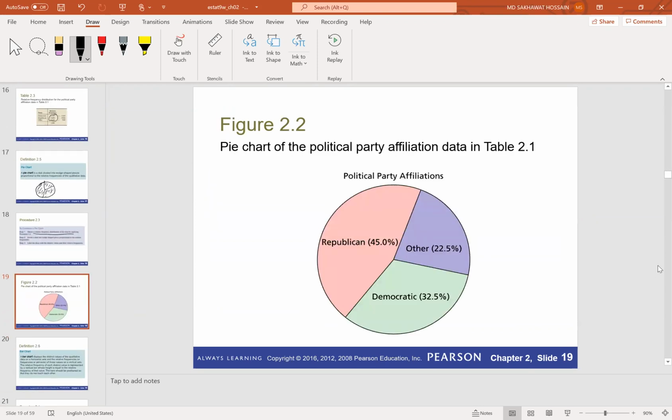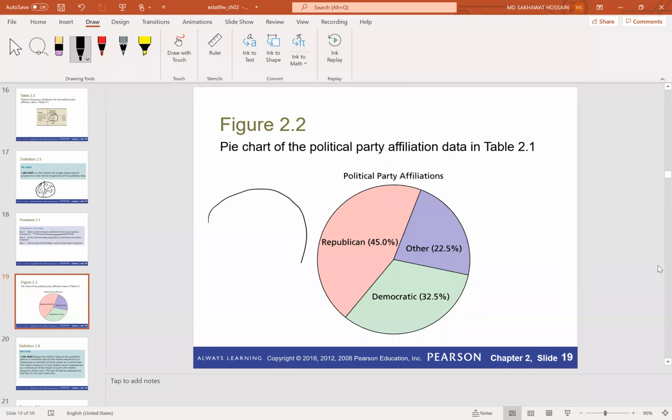We'll consider the same example to construct a pie chart: the pie chart of the political party affiliation data in table 2.1. We already constructed the relative frequency, right? We know that the relative frequency for Republican was 0.45, which means 45%.